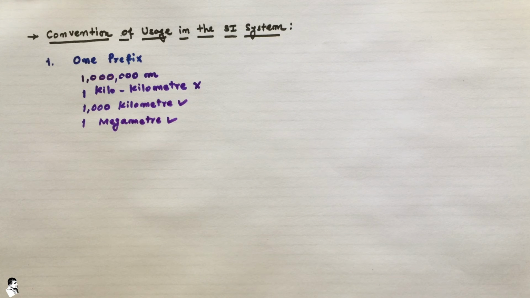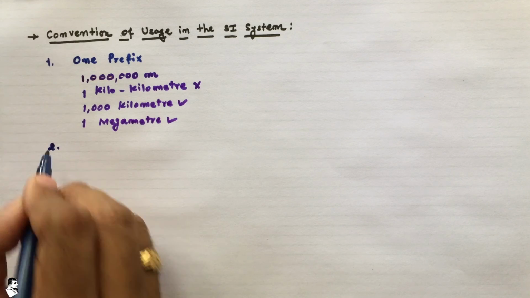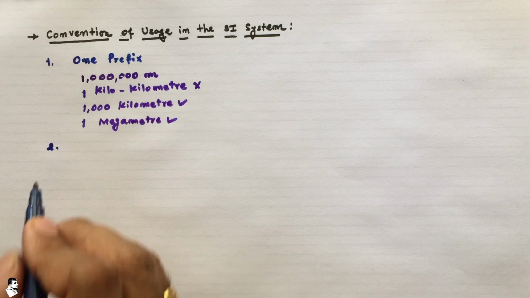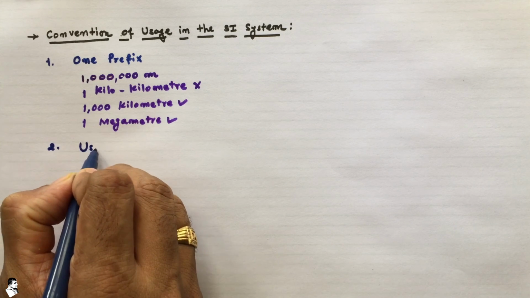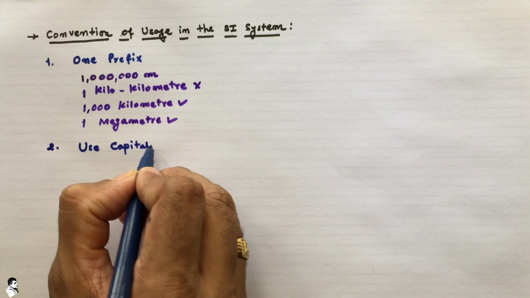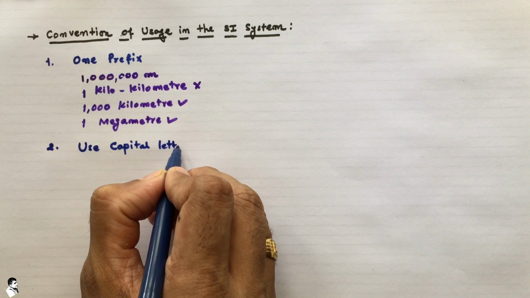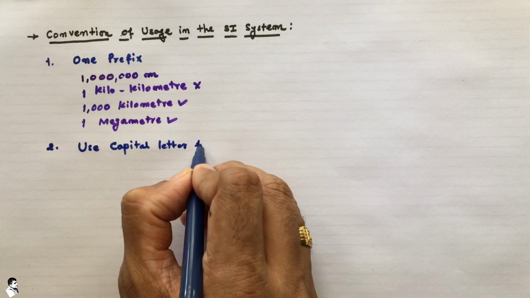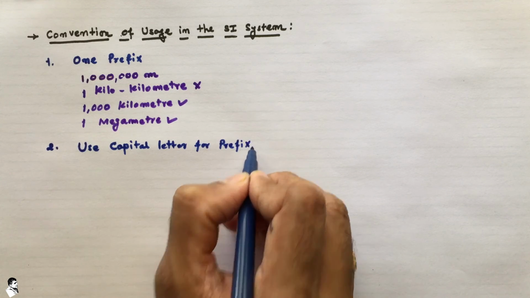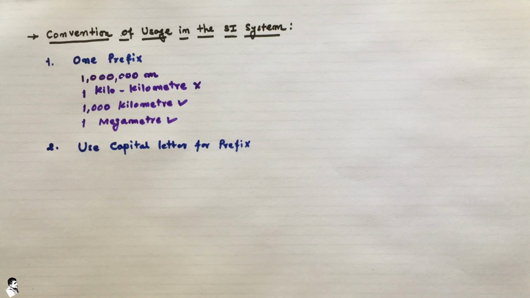Now second, prefixes that make a unit bigger are written in a capital letter. So use a capital letter for the prefix. This is the second rule.